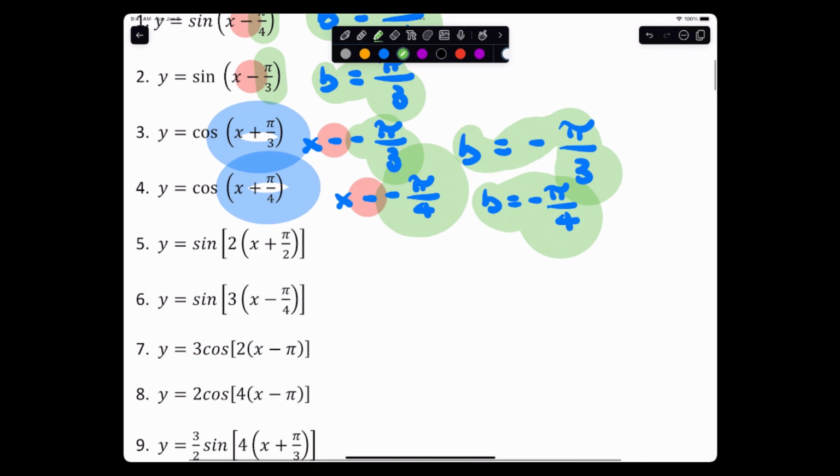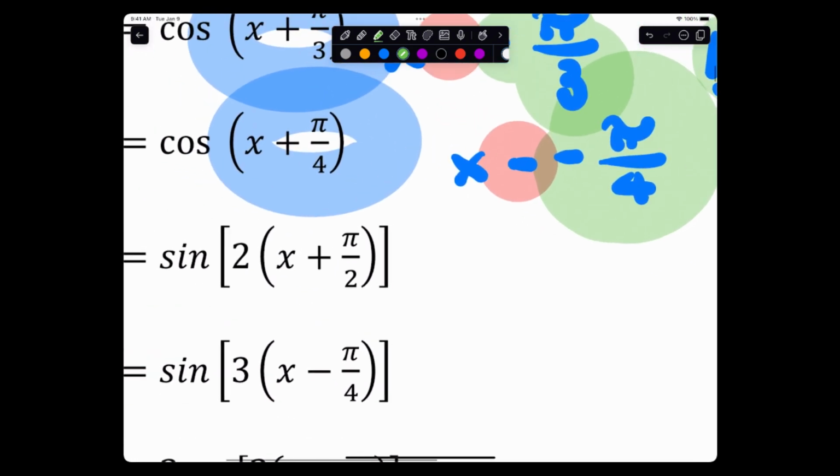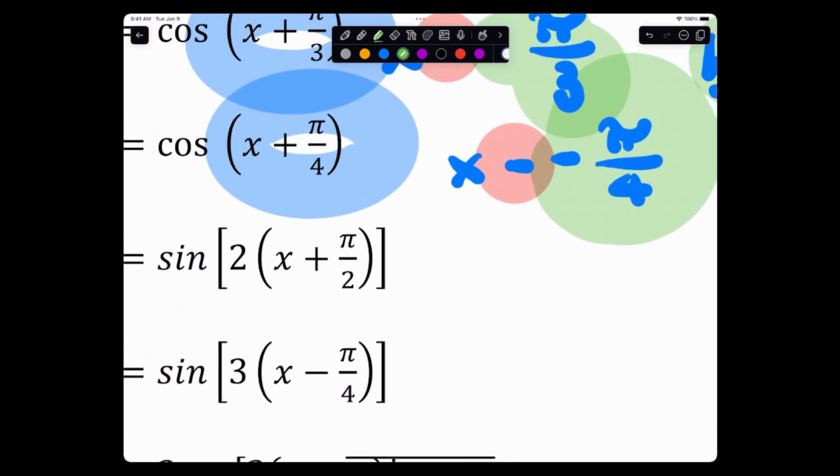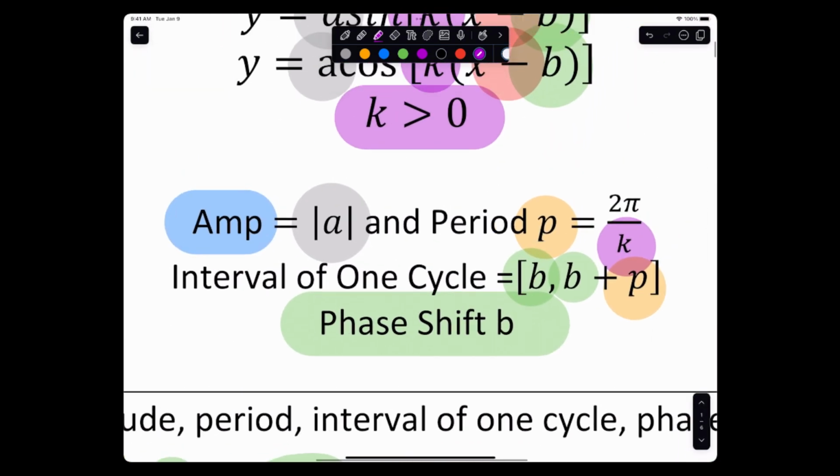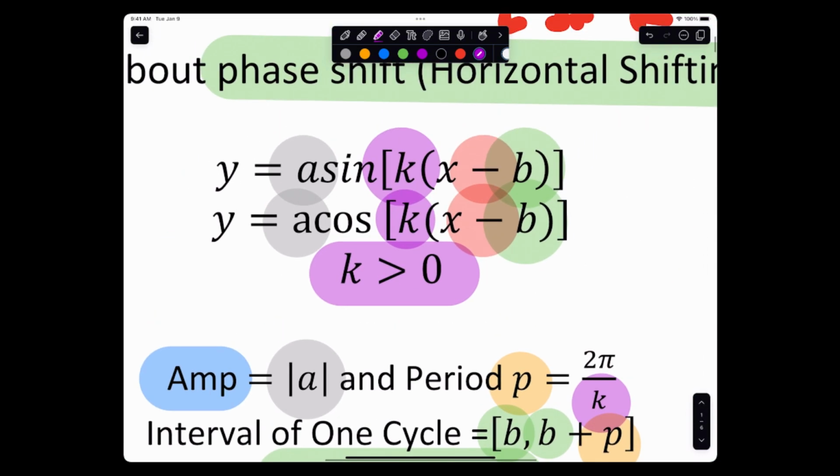Okay, and then you say, okay, well, look at number 5 then. What's going on with number 5 here? Well, number 5 has a lot going on. Focus on this here now. Okay? First of all, what is this? I colored it purple. Why? What is that? Isn't that K?